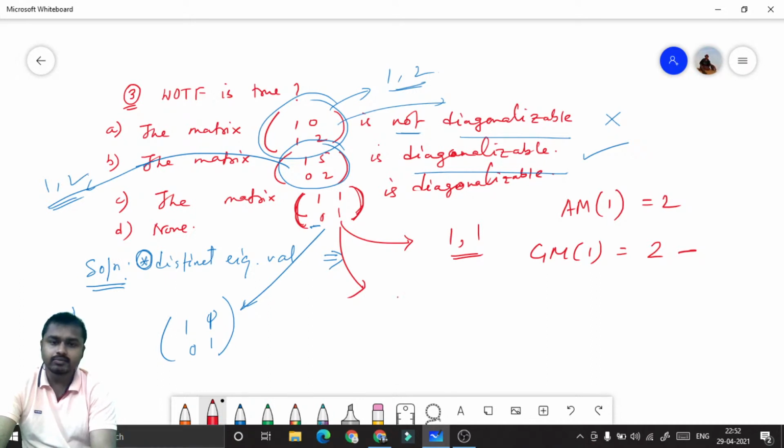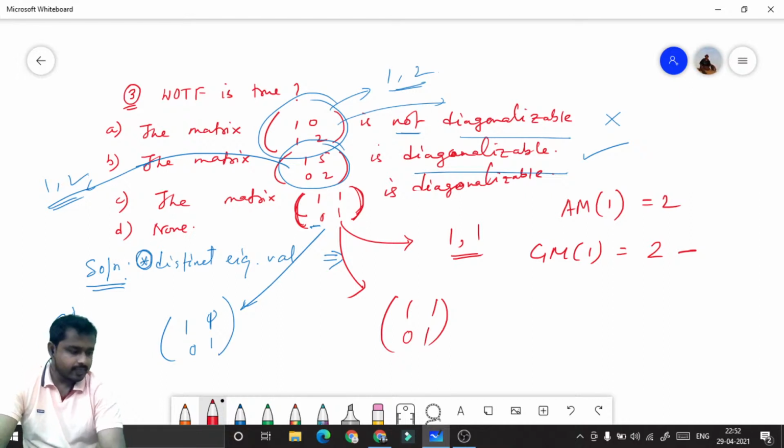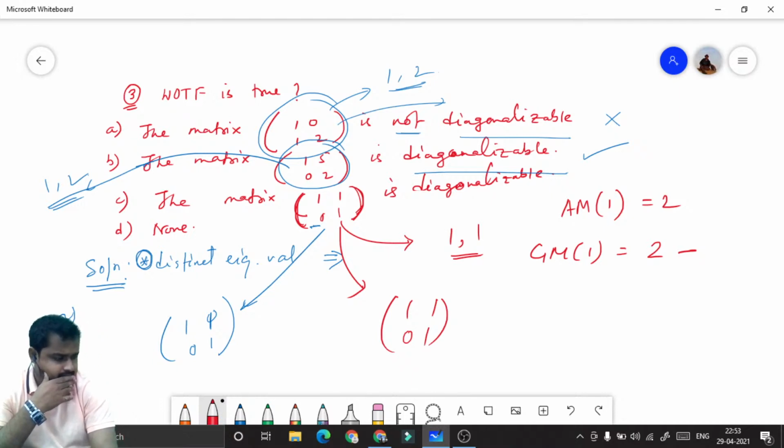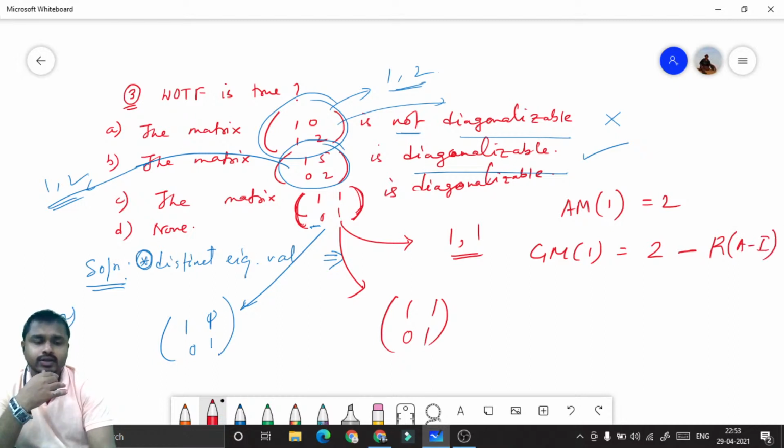The rank is given by, simply, 1 1 0 1, and the rank of A minus I, for the null space.